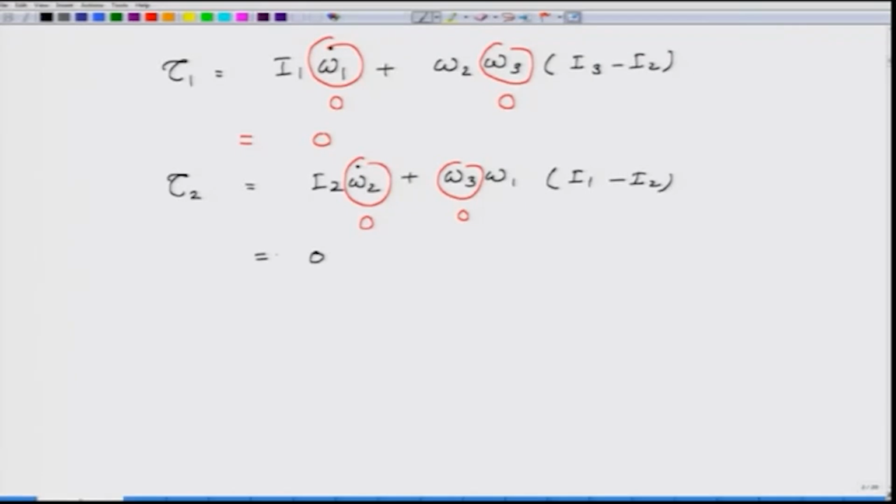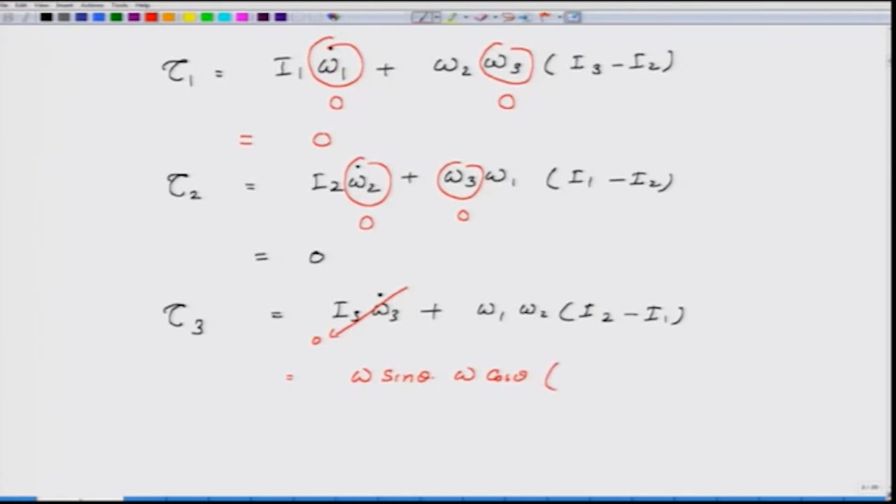The only component that is non-zero is tau 3, which is I3 omega 3 dot plus omega 1 omega 2 times I2 minus I1. Omega 3 dot is anyway 0. So, the only term that contributes is the second term, and this is going to be omega sine theta times omega cosine theta times I2, which is m a square over 12, minus I1, which is m b square over 12.